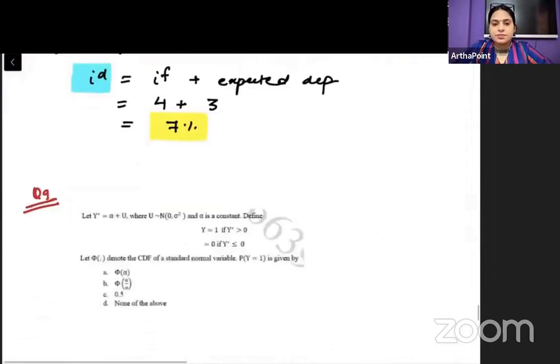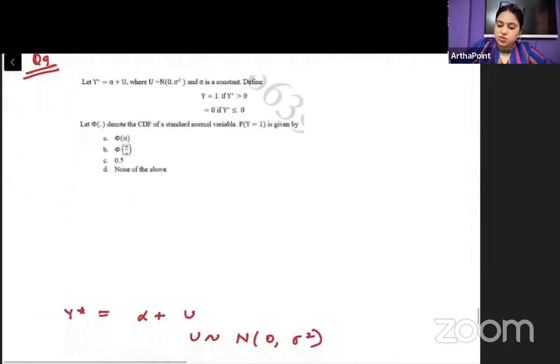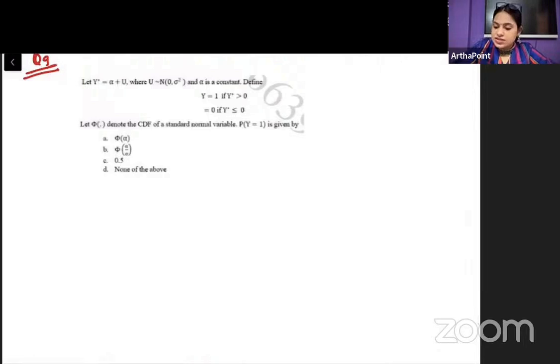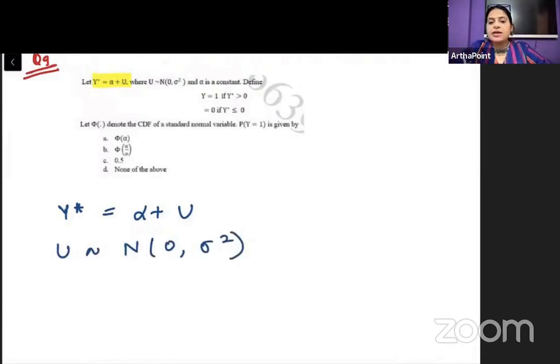Okay. But now let's go to the next question. It says y star is given to you as alpha plus u. Right? And it says that u is normally distributed with mean 0 and variance sigma square.